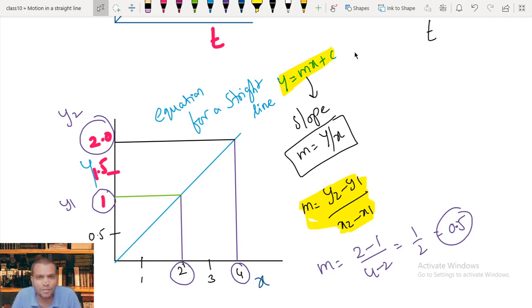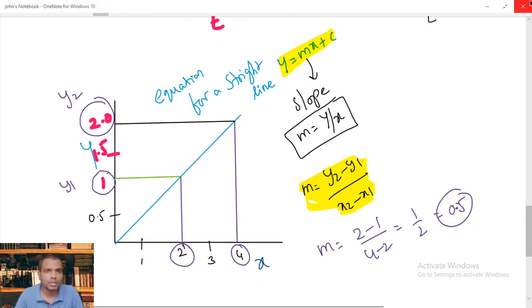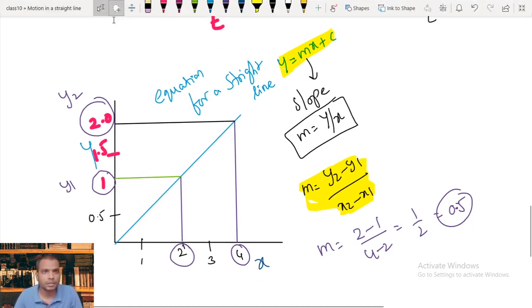You might be thinking, why am I calculating slope here? Because now I am going to change its names.